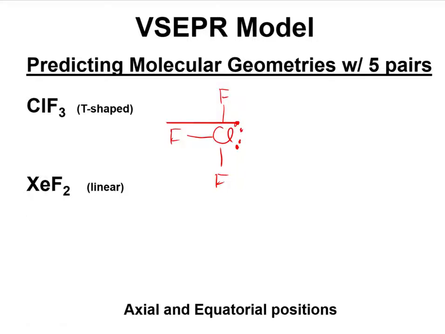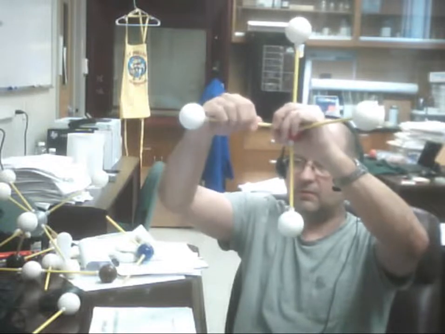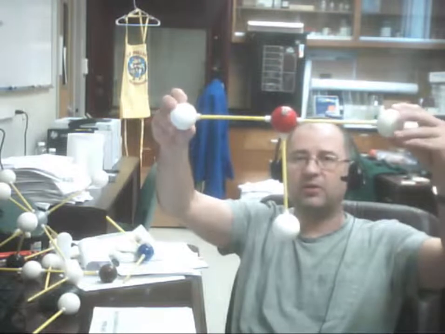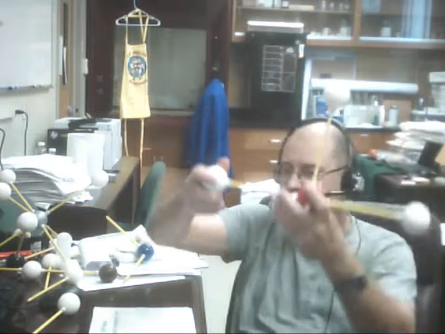So that's 5 regions. Looking at the shape, now this is T-shaped, so you know the answer already. You remove another equatorial, and so this makes a T. Equatorial position makes a T.